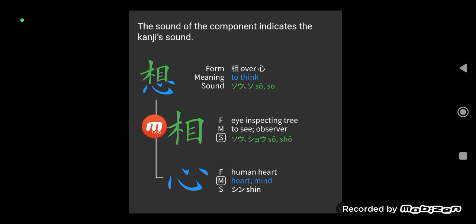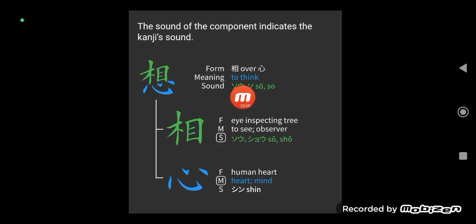I have said that the sound of a kanji originates from the sound of the sound component. So this is the sound component. What is the sound or onyomi reading for this component or radical? This is so, and sho.